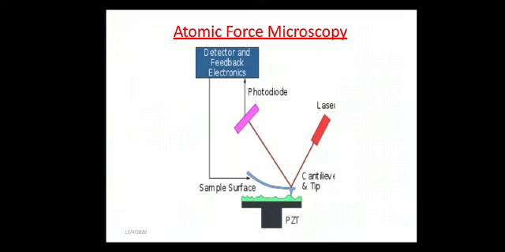The scanning probe microscope scans the probe over a small area of the sample, measuring the local property simultaneously.